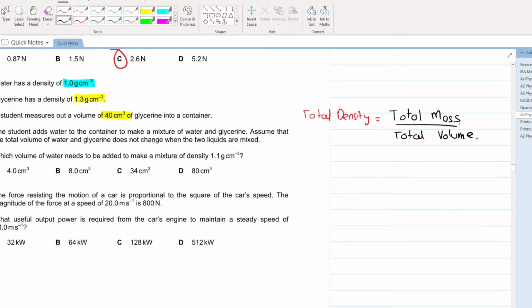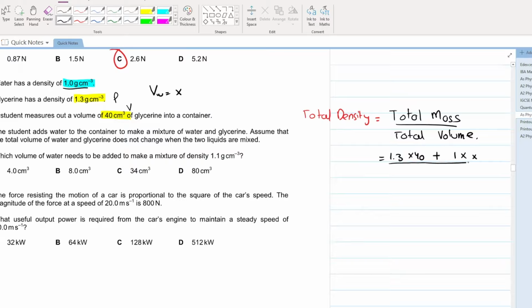Can you calculate the mass of glycerine? Yes. You have the density of glycerine, you have the volume of glycerine. Multiply both of them. This will come out to be what? 1.3 into 40. Do you have the mass of water? No. You only have the density of water, and let's assume the volume of water is x. So 1 into x will be your mass.